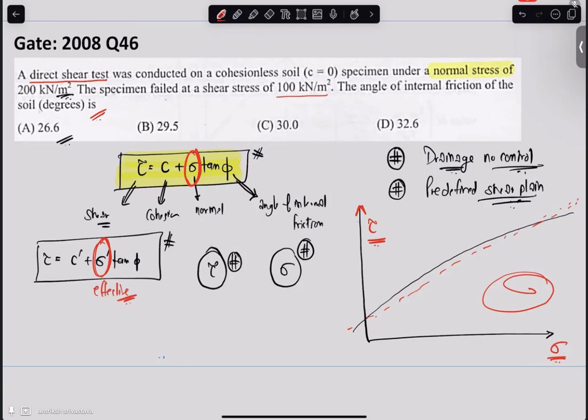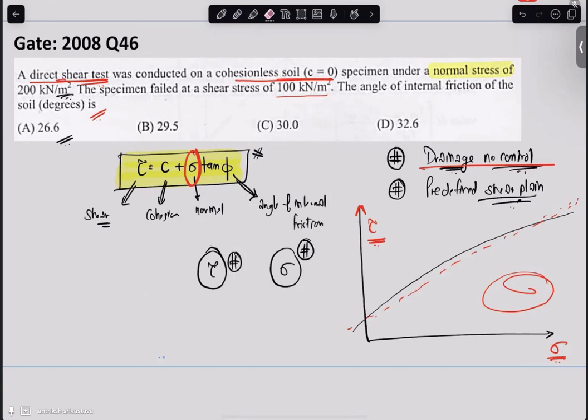But for our case, since we have a cohesionless soil and we are performing a direct shear test, where it is always a drained condition, the normal stress itself becomes the effective normal stress, so we don't have to worry about this detail. Also, there is no additional detail given in this question using which we can compute the effective normal stress.